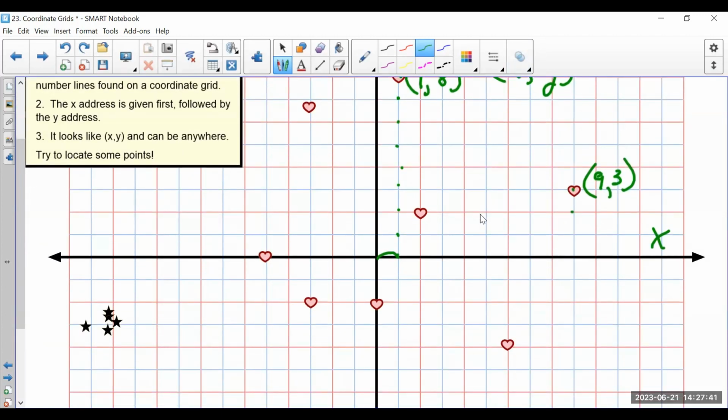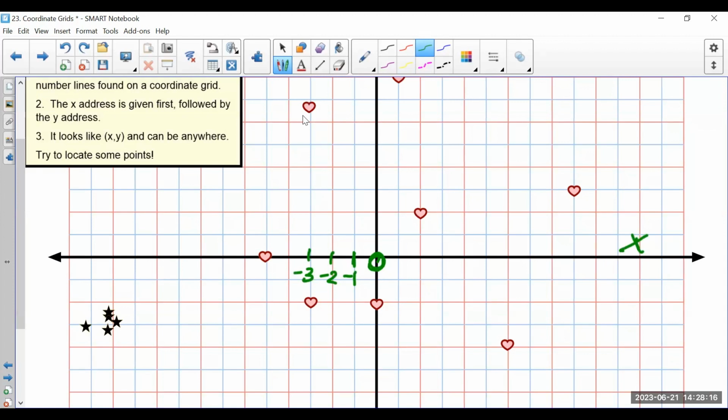So let's start again at the origin point. We're going to clear this all out, and let's try to get to this heart. On the x-axis, if your 0 is right here, that's 0, 0. You want to go to the left of 0, and that is a negative number. So this would be -1, this would be -2, this is -3 on the x-axis.